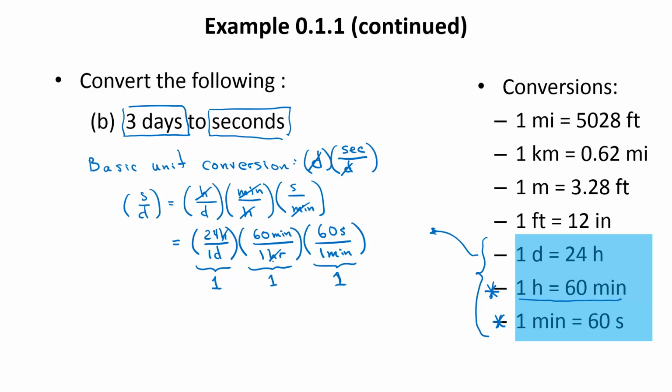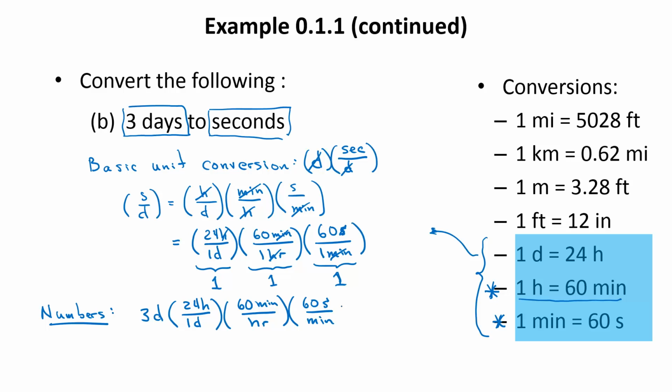This hours cancels with that hours. Minutes cancels with minutes. That leaves me seconds per day. So adding my numbers in, 3 days multiplied by 24 hours per day times 60 minutes per hour times 60 seconds per minute.